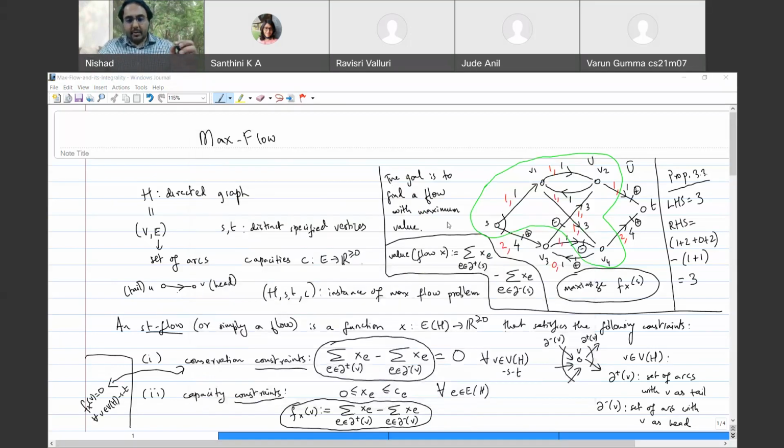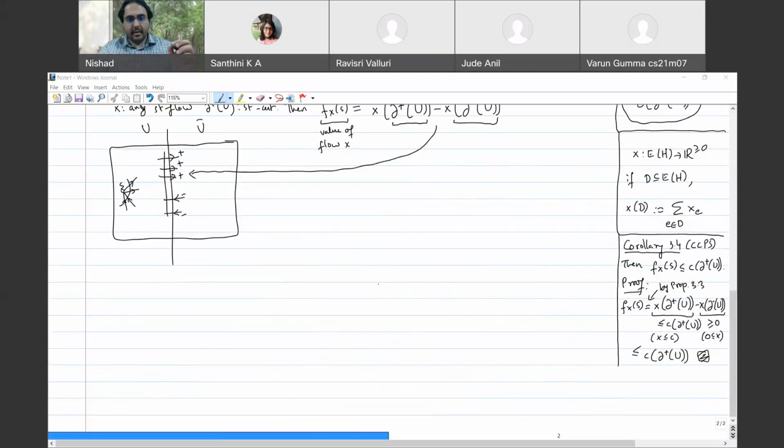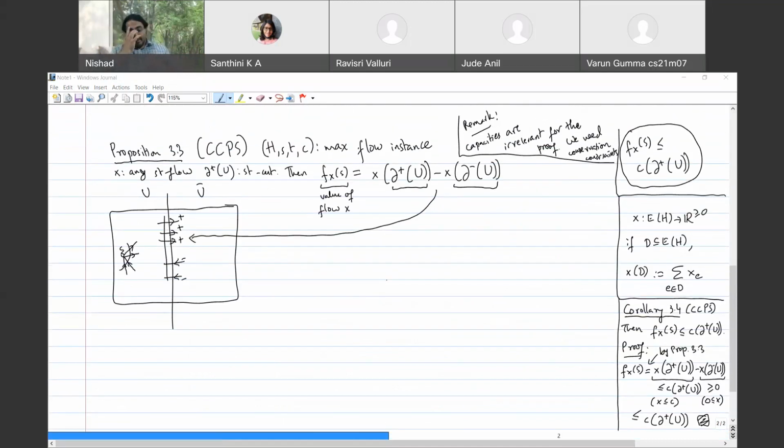All right, so let's go back to our original screen. Do you see the change? Okay, thank you. All right, so this is what we want to prove. Let's make sure we understand what this quantity is. So the right hand side is basically we are summing up, for all the arcs in partial plus U, their x_e values.